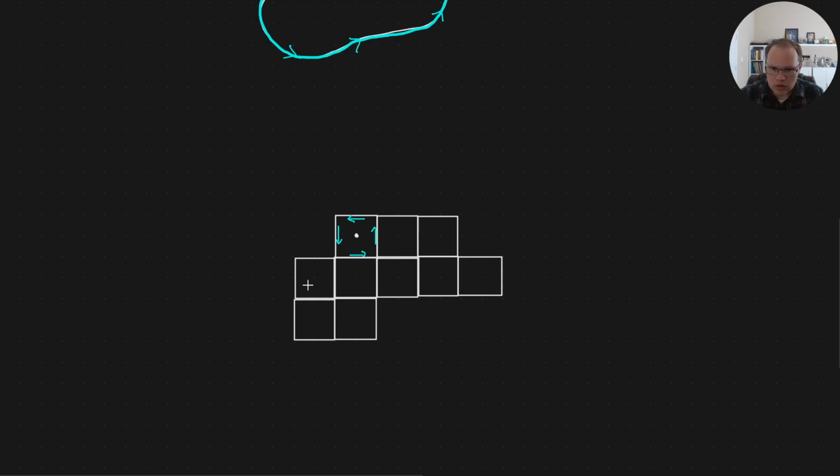Okay. So imagine all of this area right here. That's D. That's region D. And then the boundaries of these boxes, that is our boundary C. Okay.